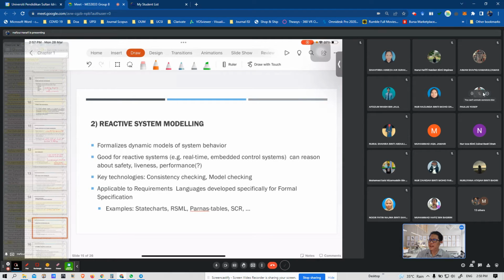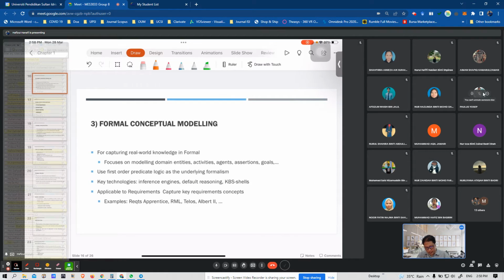And then the key technology here, eventually we are looking for consistency checking and model checking. This one we look for the abstraction model. It is applicable to requirement languages developed specifically for formal specification. We have Statecharts, RSML, tabular notations, and SCR.